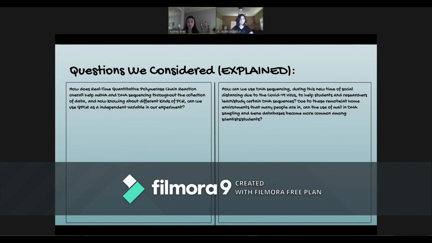It was really interesting to see how it's probably one of the most beneficial and easiest types of reactions to use when doing gene sequencing, DNA sequencing. We asked that question because we wanted a solid background on how that process works. Even though our second question talks about how we do it remotely, not in a lab, we still wanted to understand what actually happens in the lab and the science behind DNA sequencing.